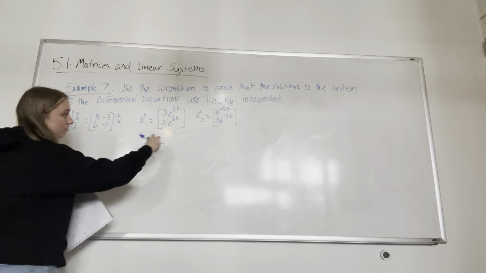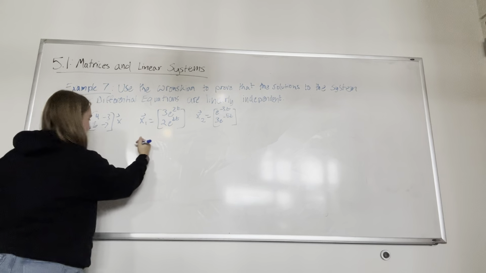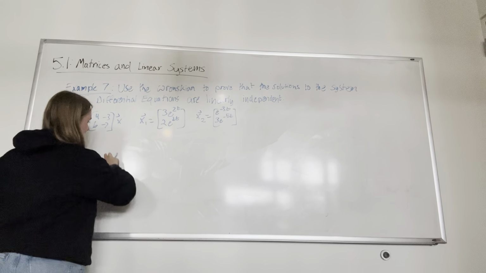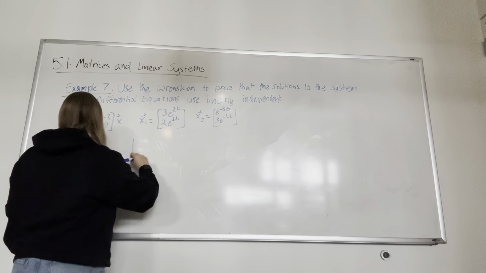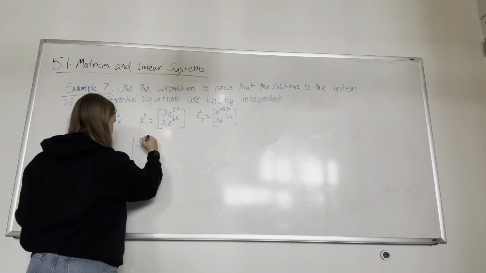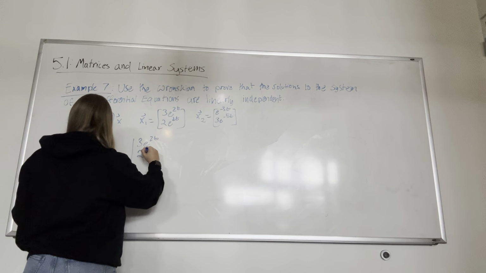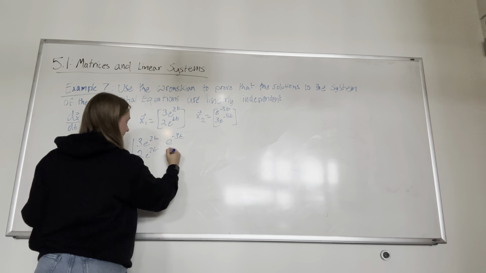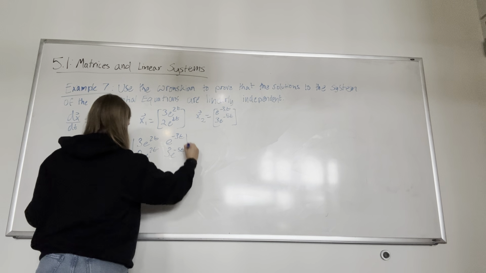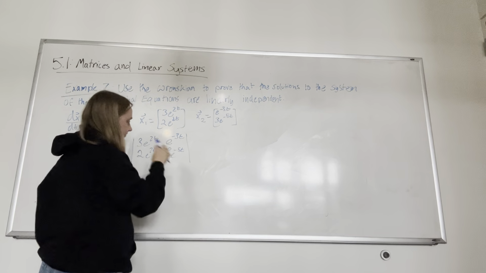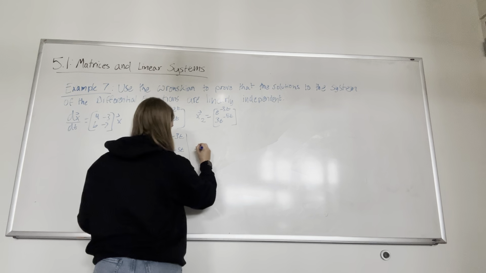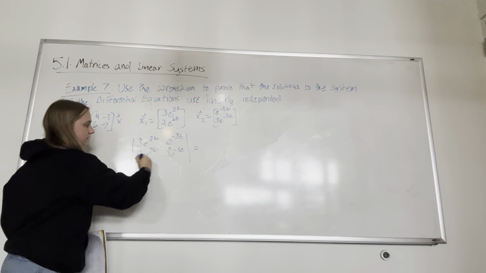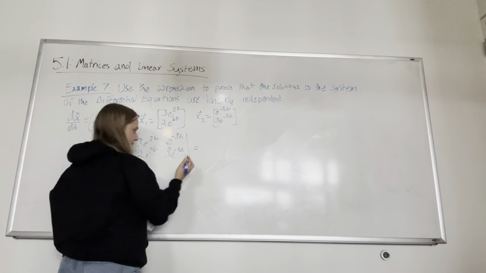So what we do is we set this up in a Wronskian, so 3e to the 2t, 2e to the 2t, e to the negative 3t, 3e to the negative 5t. Okay, and then we just do our cross multiplication to find our determinant.